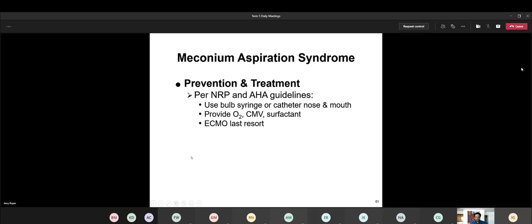And because of what the meconium does to the baby's natural surfactant, you're going to have to consider giving surfactant. And then in really extreme cases, again, we have the potential for doing ECMO. So if your facility isn't equipped to do ECMO, the baby will definitely have to be transferred to another facility that can do ECMO.